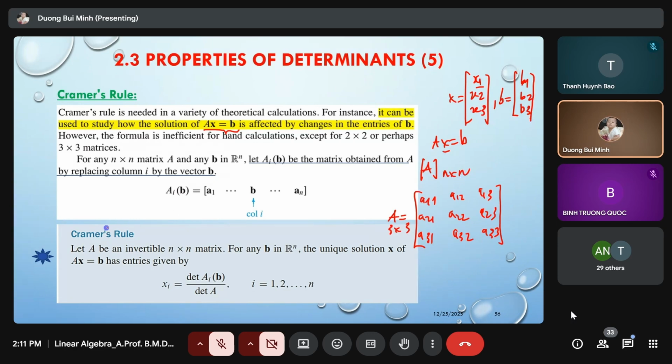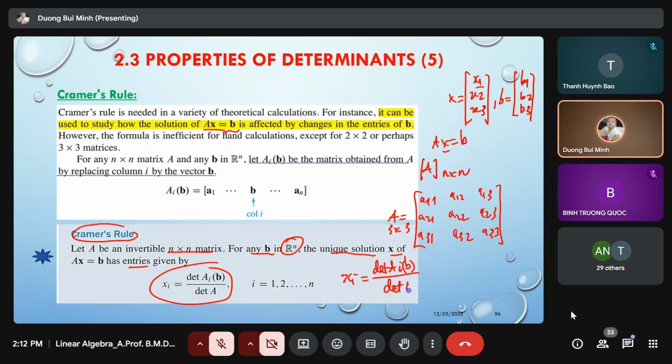So we have Cramer's rule. Let A be an invertible n by n matrix. For any b in R^n, the unique solution x of Ax = b has entries given by this ratio: xi is the determinant of Ai(b) over the determinant of A. If we know A, we can get its determinant.